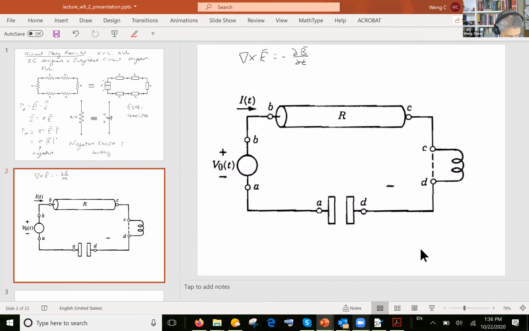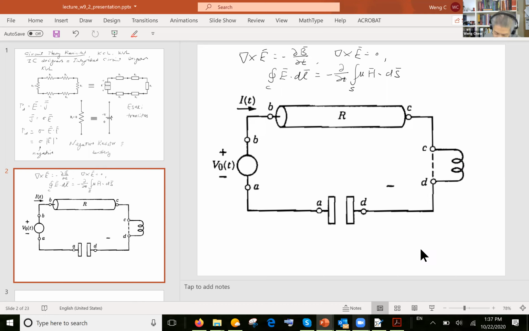And if the right-hand side is 0, which is the low frequency limit, we have curl of E being equal to 0, and then you can write this equation using Stokes' theorem as equal to minus d/dt of the integral of mu H dot dS.